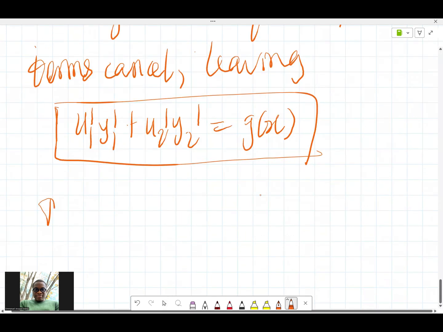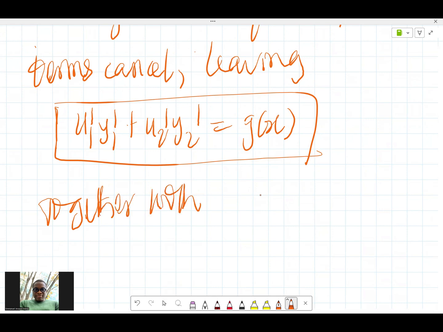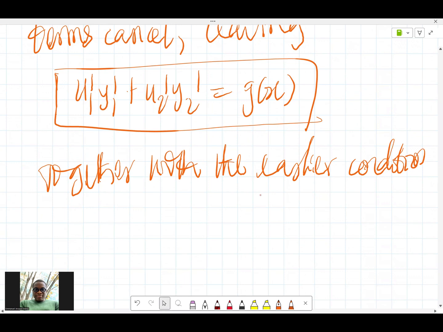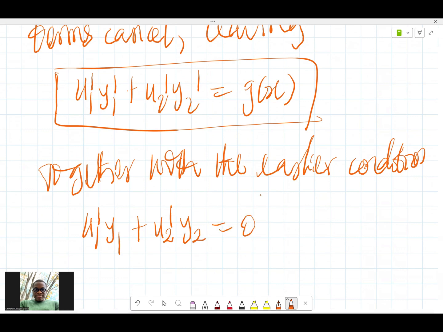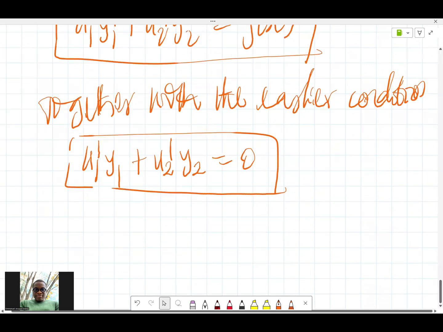So together with the earlier condition, remember the condition we imposed, we have u1 prime y1 plus u2 prime y2 equals 0. We had this condition in place the other time. So it's more like we want to solve simultaneously.